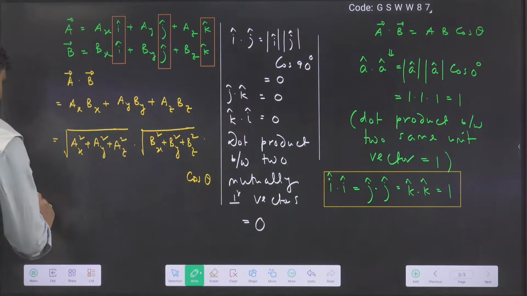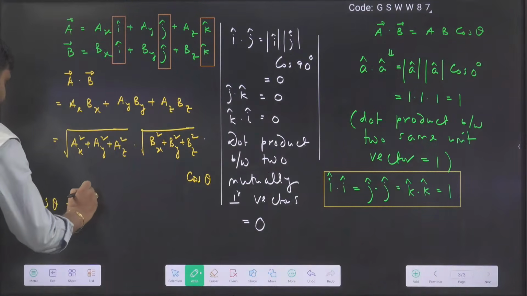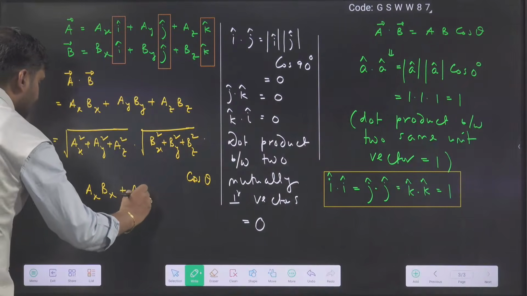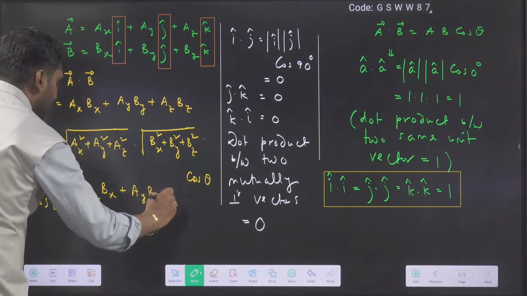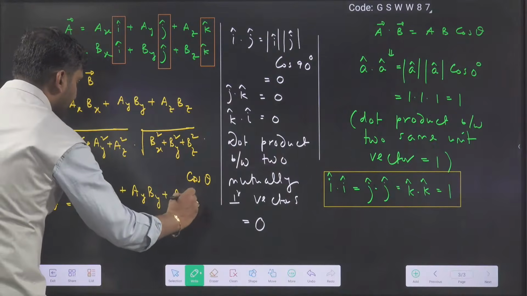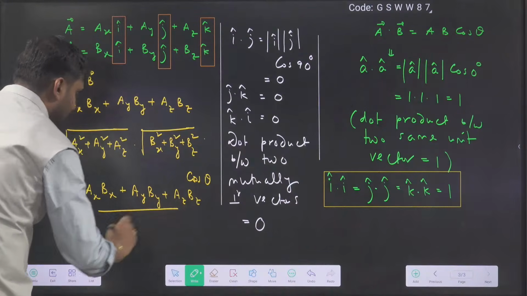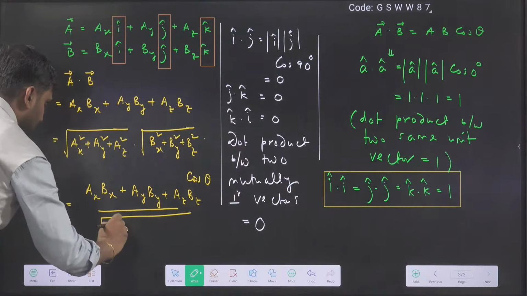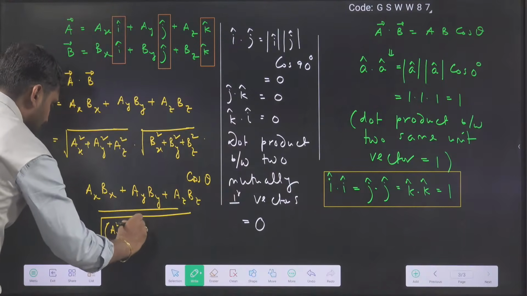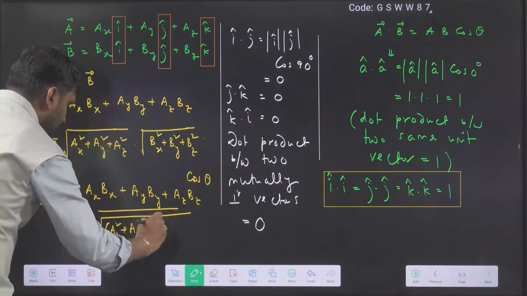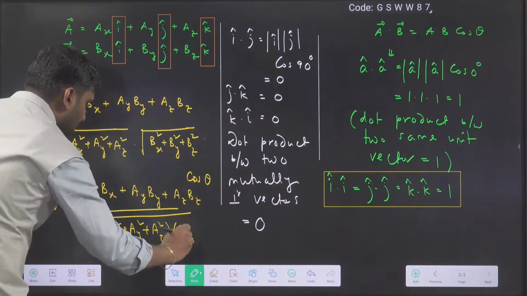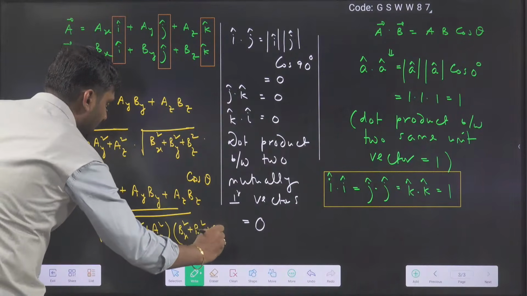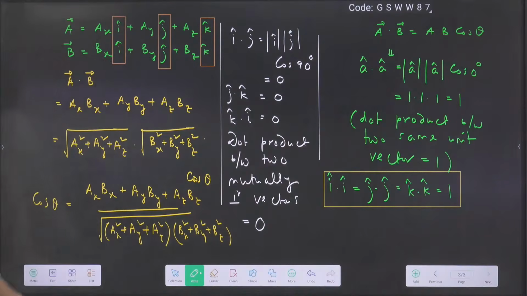So cos theta is equal to AX BX plus AY BY plus AZ BZ divided by under root of AX square plus AY square plus AZ square into BX square plus BY square plus BZ square.